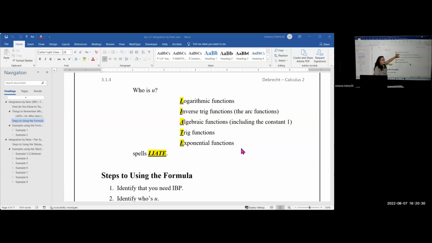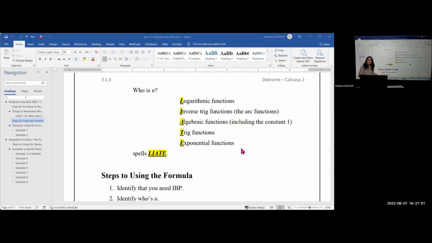So we have natural log is always u. If there's no natural log, then inverse trig functions get to be u. If there's no natural log or no arcs function, then the algebraic function gets to be u. If there's no natural log, no inverse trig, and no algebraic, then trig functions get to be u: sine, cosine, tangent. And then if it were just exponential, we wouldn't be having this conversation because we wouldn't need it, right? We just use u substitution to integrate it.